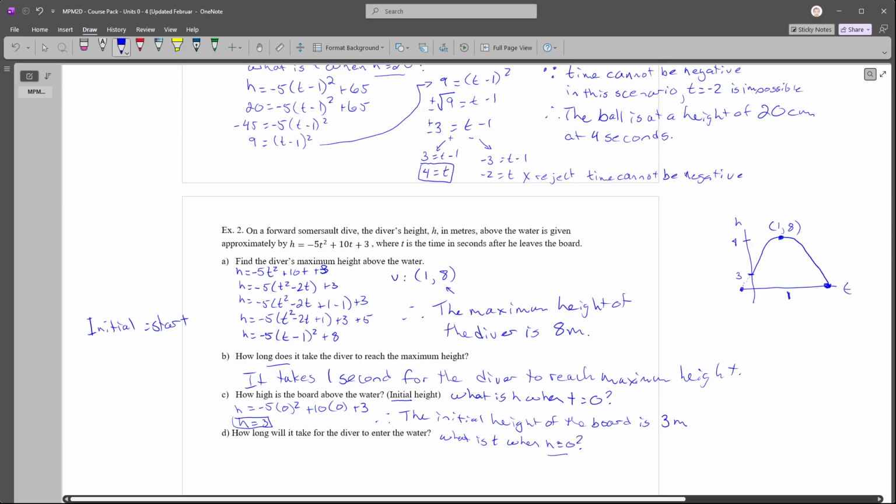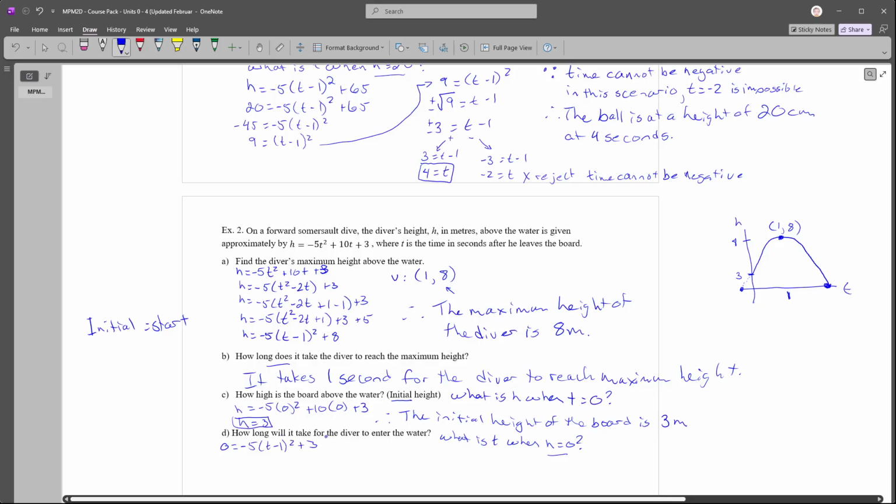And we're at the same situation again. We could put it into either equation, but we're going to put it into our vertex form equation this time. So let's do this. We have 0 is equal to negative 5 times t minus 1 squared plus 3.